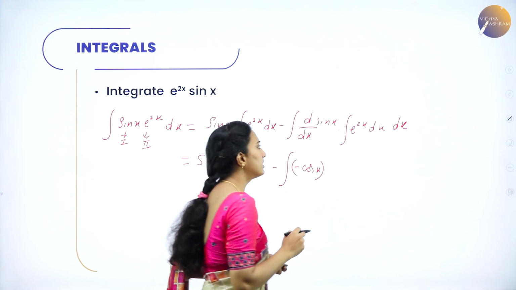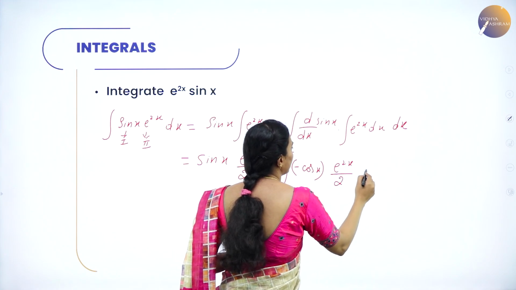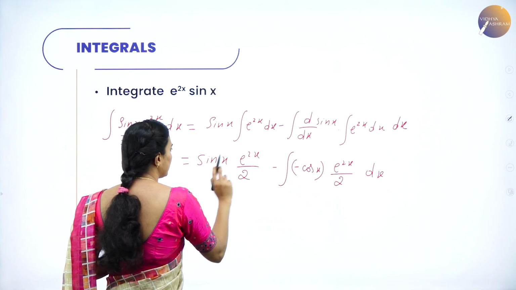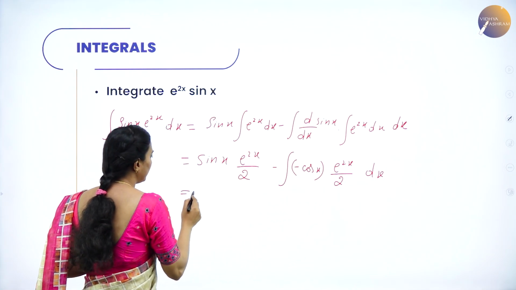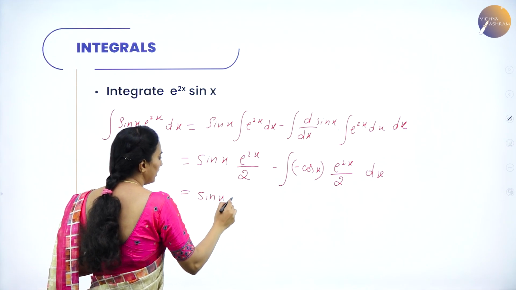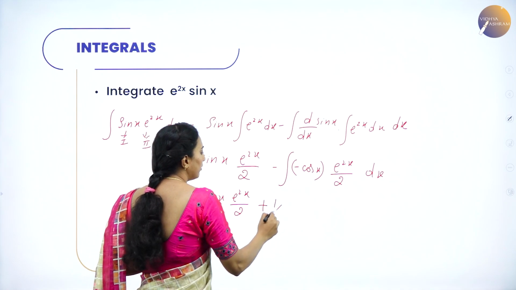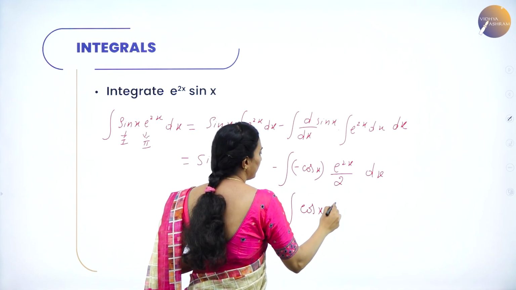Now e power 2x integral is e power 2x divided by 2 into dx. Now let us further go again: minus becomes plus, and 1 by 2 will be taken outside. Let me write that step: sin x into e power 2x divided by 2, minus into minus is plus, 1 by 2 into integral of cos x into e power 2x.